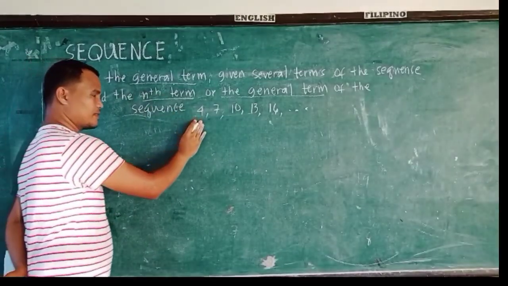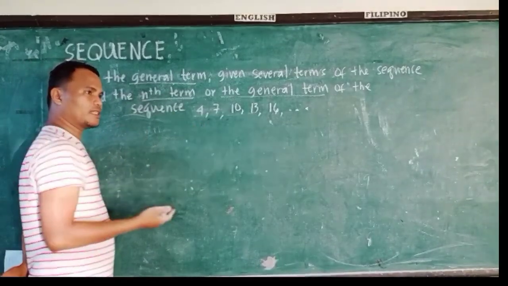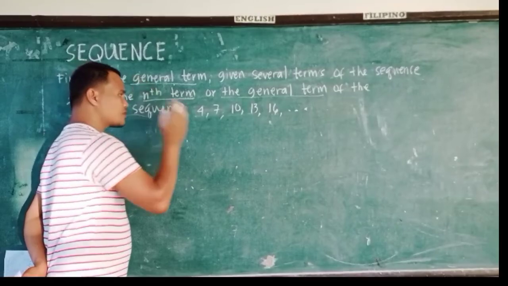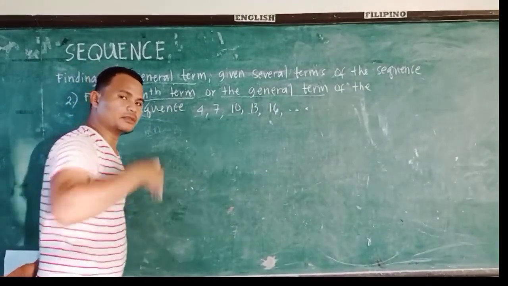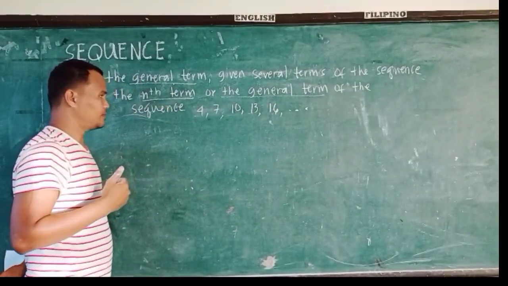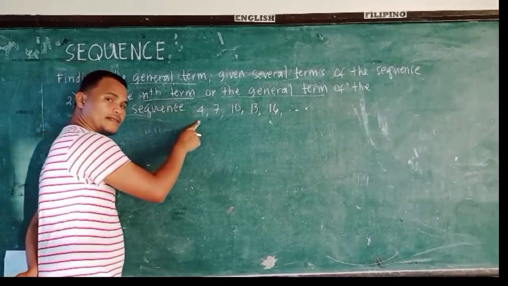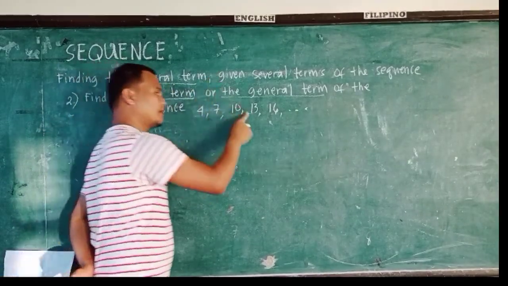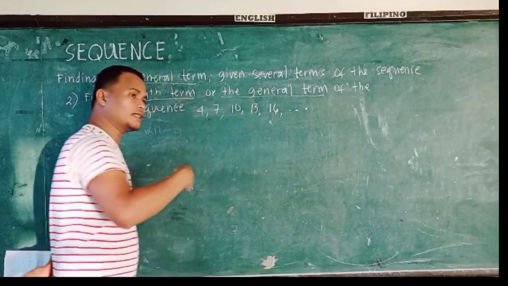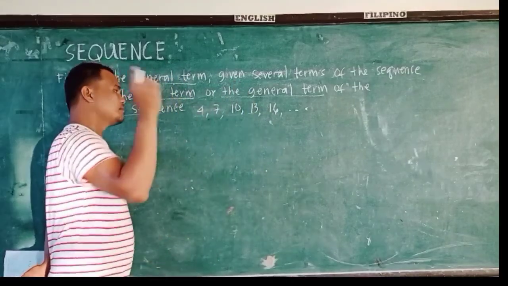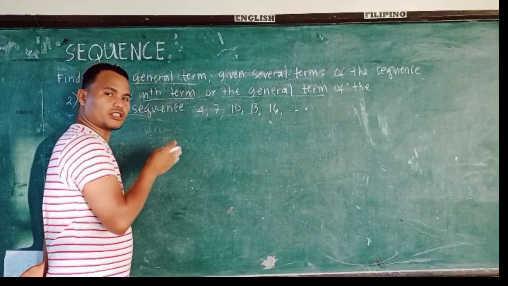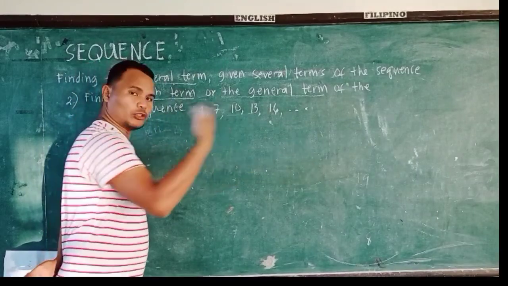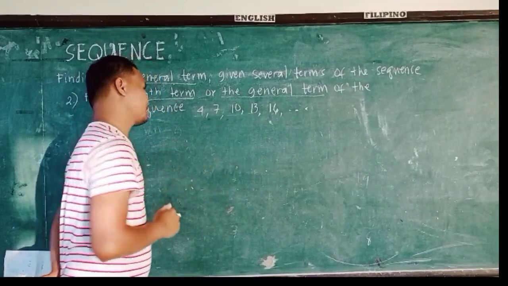In this sequence, the pattern is we added each term by 3 to obtain the next term. Okay, 4 plus 3, 7, 7 plus 3, 10, 10 plus 3, 13, 13 plus 3, 16. So the pattern is we added by 3 to each term to obtain the next term.